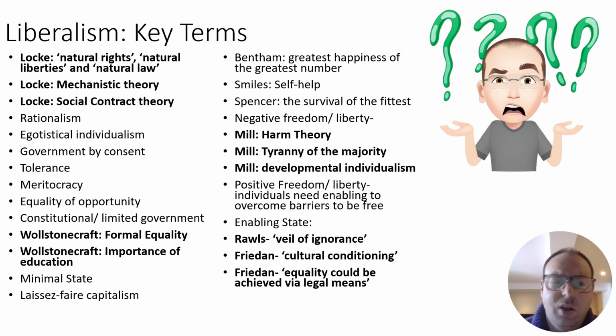The modern liberals in particular talk about equality of opportunity. So they would look at the idea that yes, from a base point of classical liberalism, everybody should have the right to do things, and people should all have the same freedoms. And then in modern liberalism, they go, well, yes, but to exercise those freedoms, we need to ensure there's equality of opportunity.